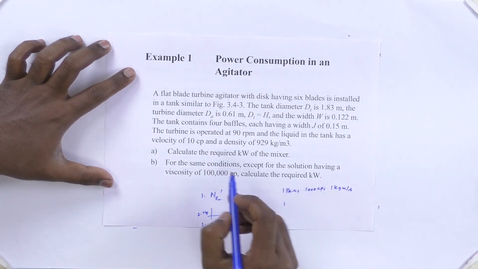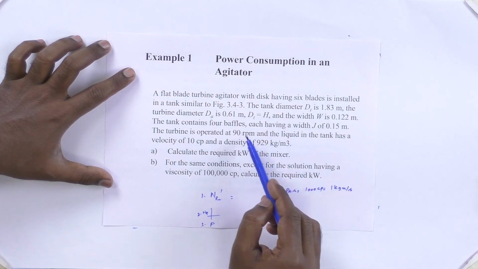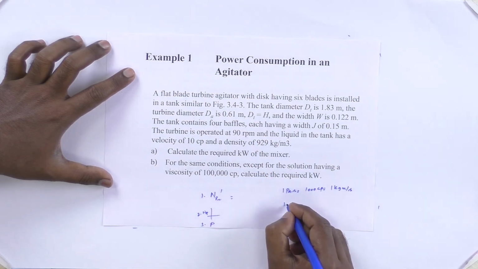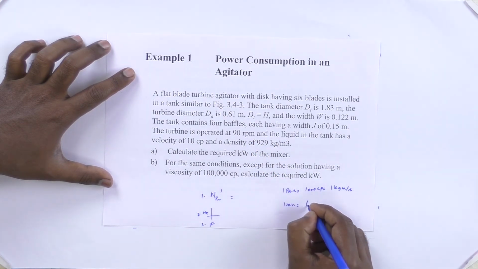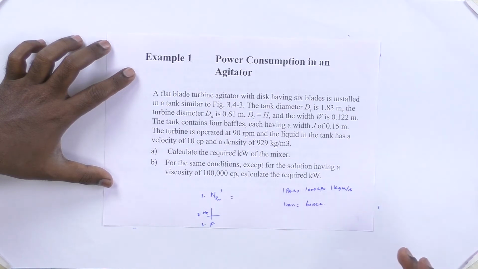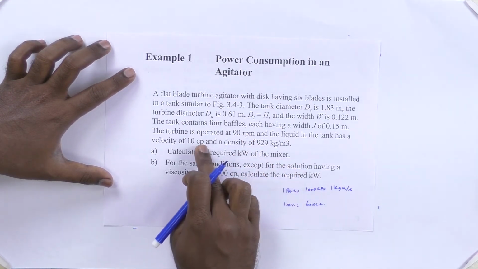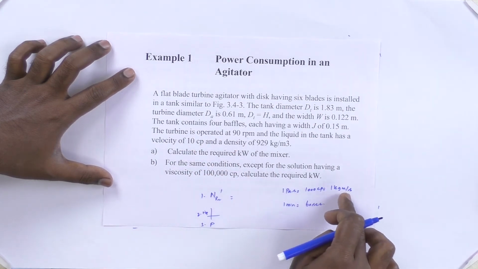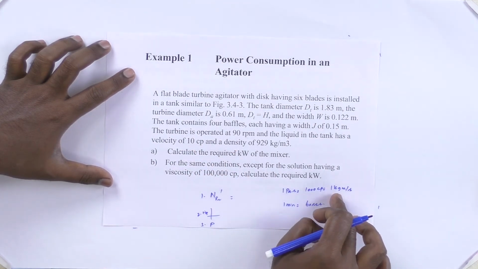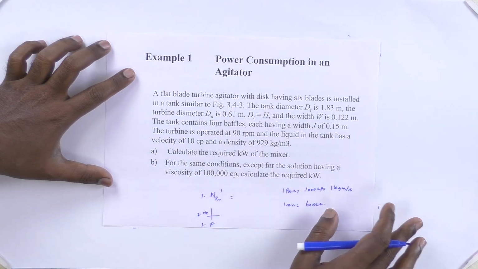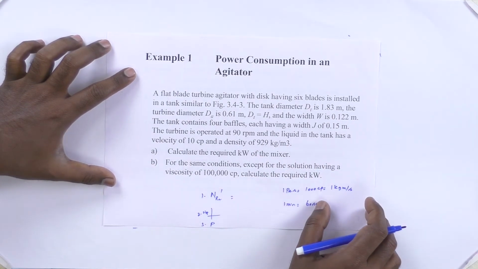Another relation: the speed is given as revolutions per minute, so we need to convert this per minute into seconds. 1 minute is 60 seconds. So we need to convert these two things, and then find the total power required for this agitation system.